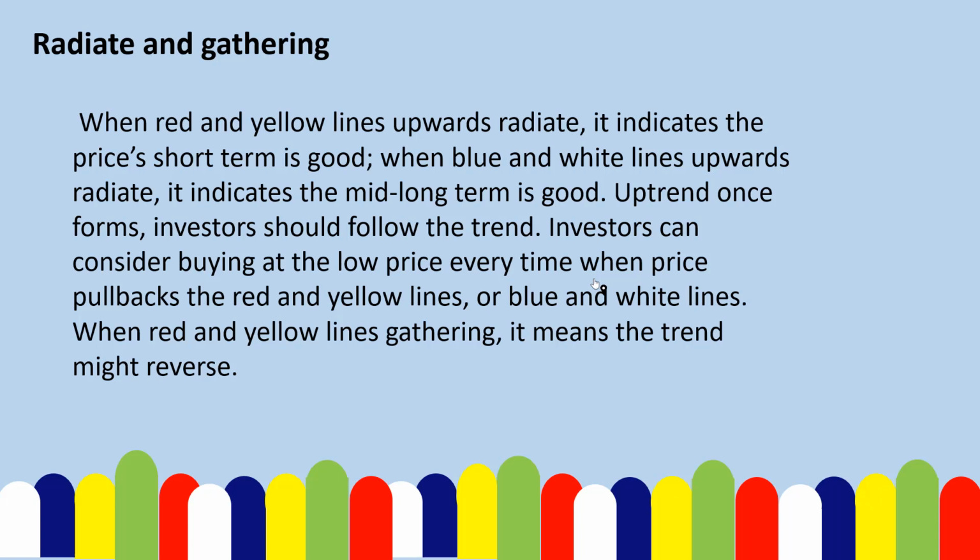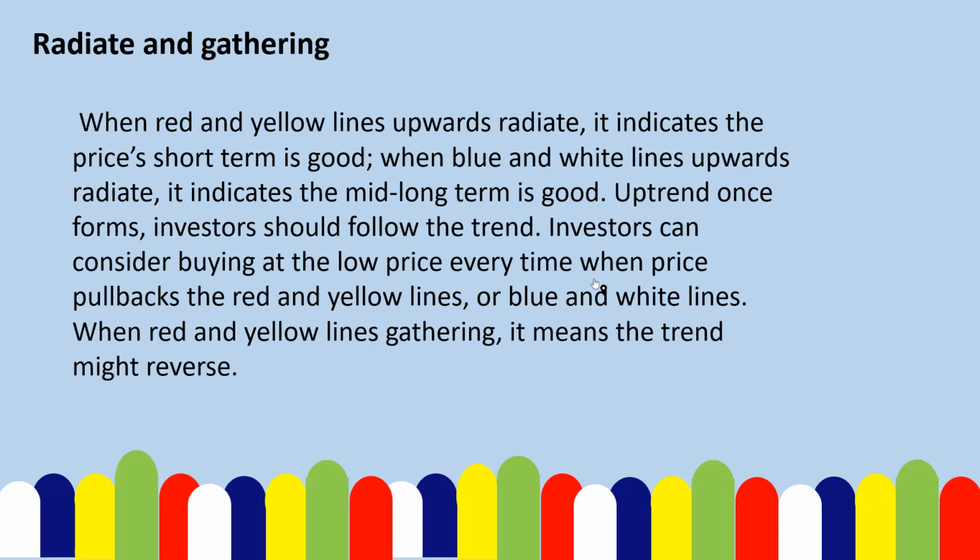In the uptrend, every rainbow line will be the support of the price. When you see the price pull back to the red line or the yellow line or the blue line and the white line, then you should consider: if the price stops dropping, then you can come in.